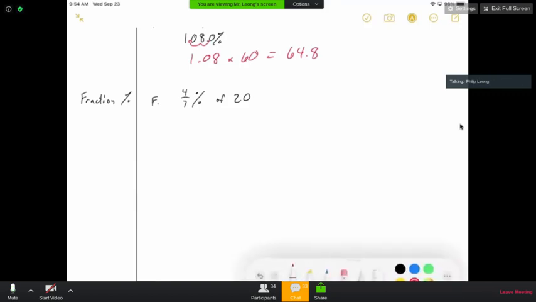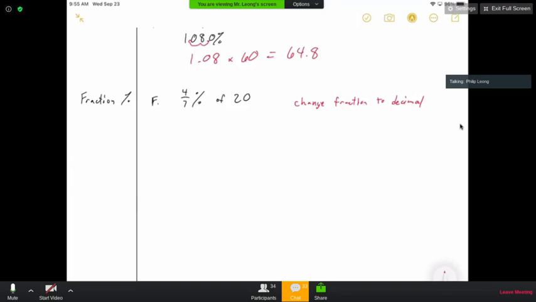So watch. In your calculator, do 4 divided by 7, and you can just round it to the nearest hundredth, so 2 decimal places.